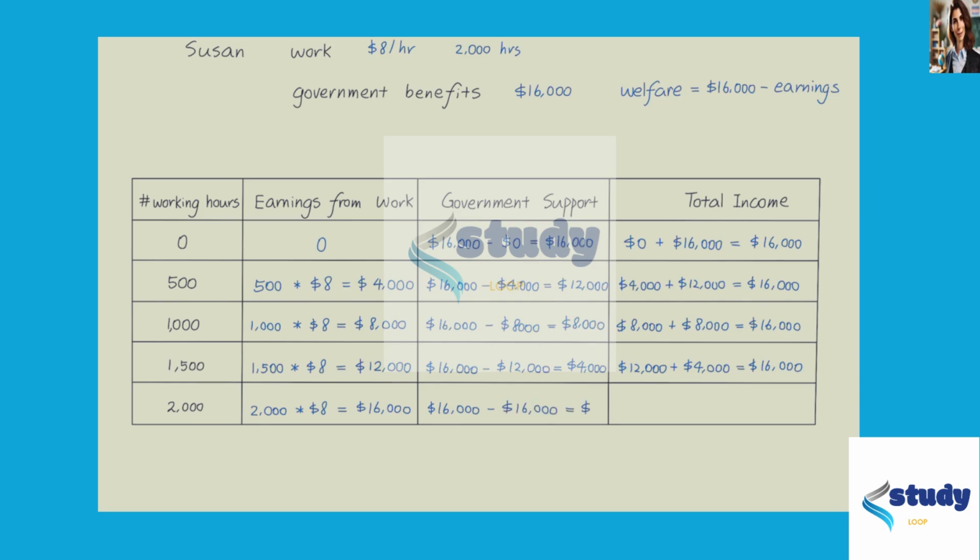And that will give us 0. So her total income will be her earnings of $16,000 plus the government support of $0, and that gives us $16,000.